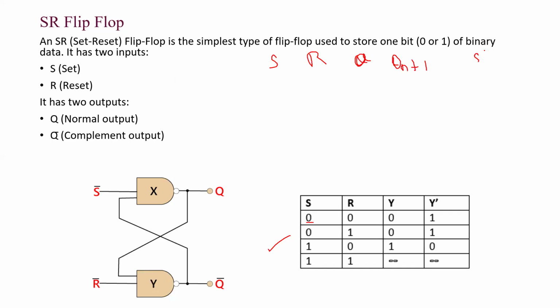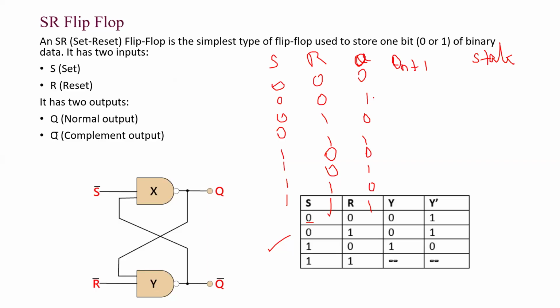We have to understand the states. The input combinations are 00, 01, 10, 11, like the octal-style table we have seen, the same table I have written here.